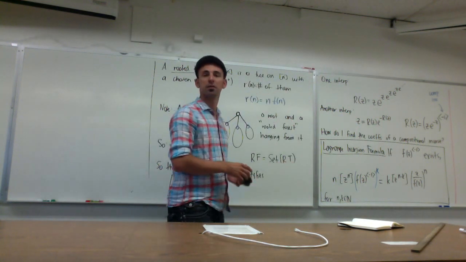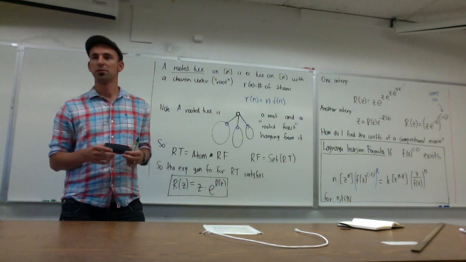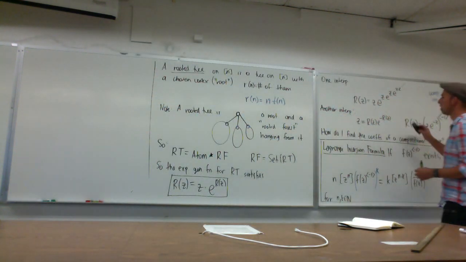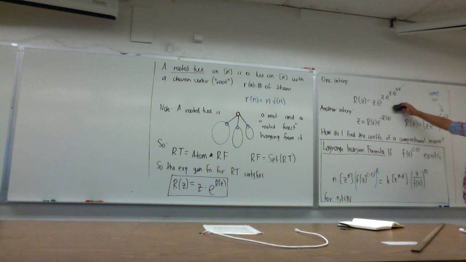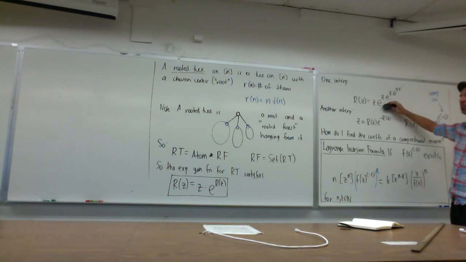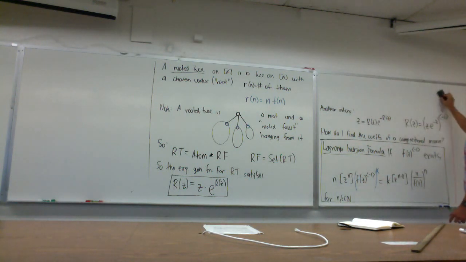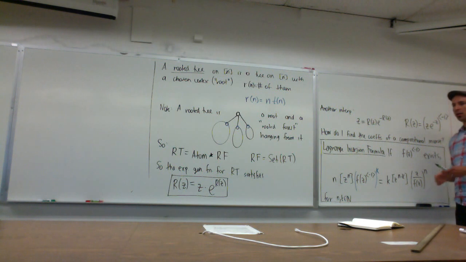I'm still confused about compositional inverse. Do you have an easy example? Give me just a second. I'm going to erase this weird formula. So you're asking for another example of compositional inverse.